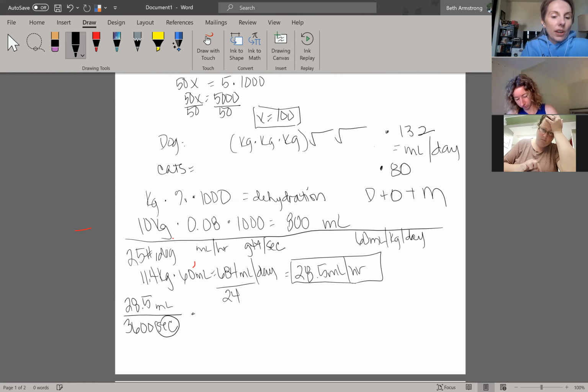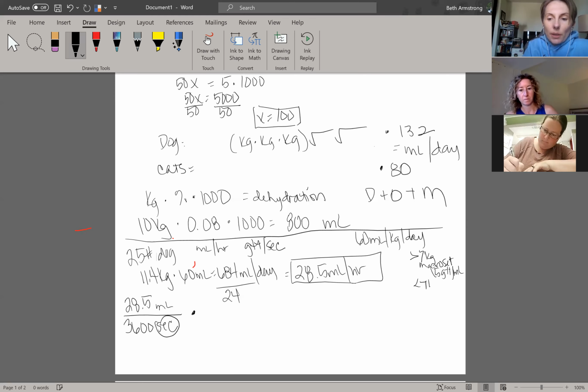Now we just have to figure out our drip set. If we have an animal greater than 7 kilograms, we're going to use a macro set, which is 15 drops per mil. If the animal is less than 7 kilograms, we use a micro set, which is 60 drops per mil.